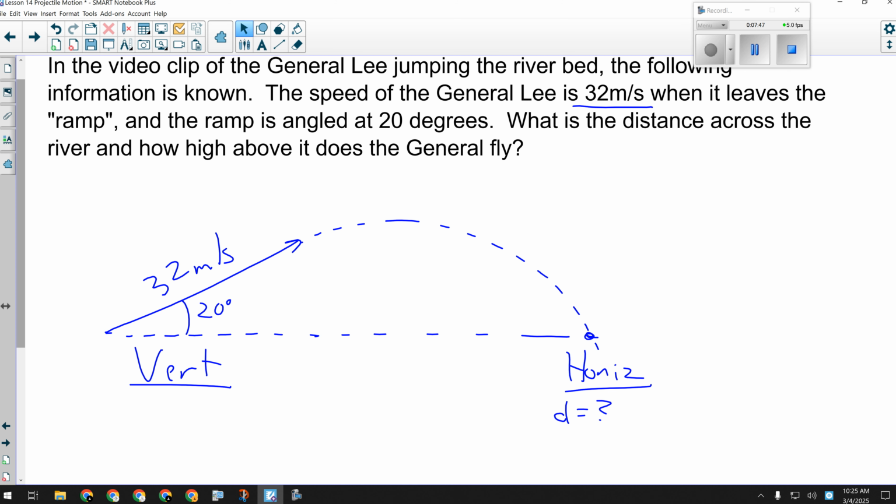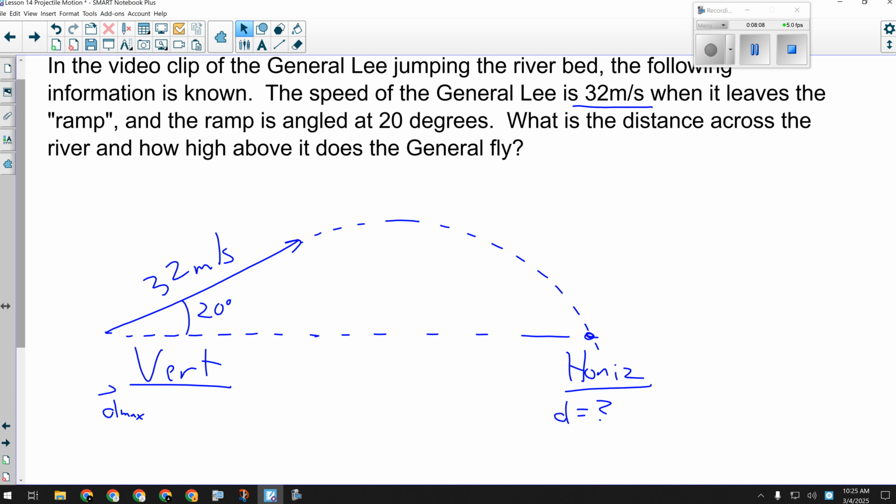And they want to know the maximum height. It says how high above it does the General fly. So we would be looking for the vertical maximum displacement, which is different than the total vertical displacement.